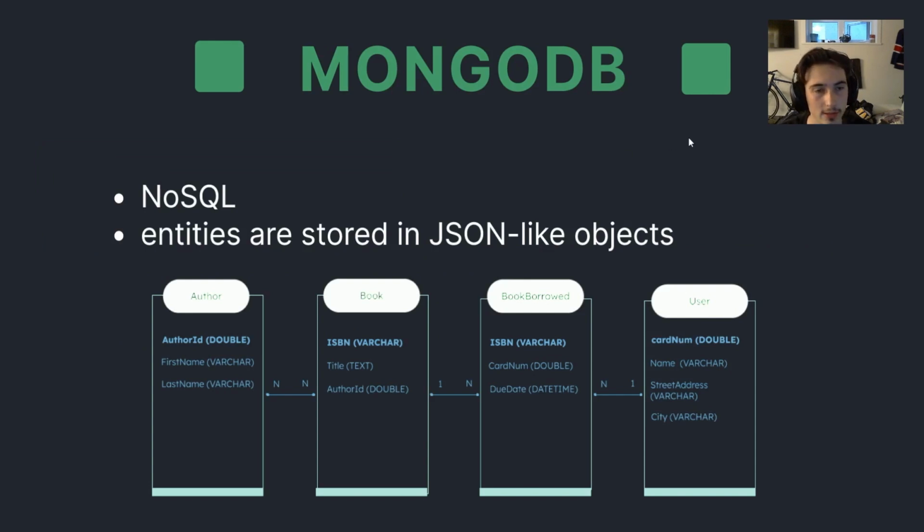All right, so MongoDB is NoSQL. So all the entities or all the objects look like JSON objects. That's JavaScript Object Notation. It's very popular when you see messages being sent around on the internet, or just used for configuring things or anything.